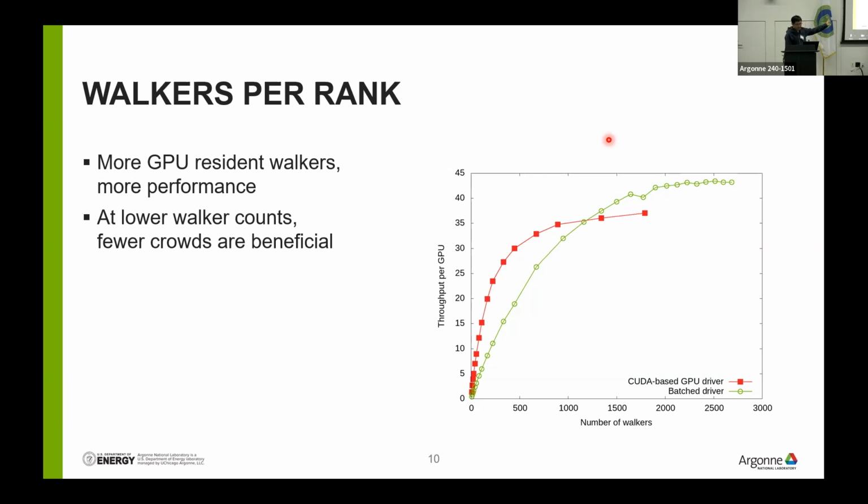And second, look at those two curves. The red curve has only one crowd. The green line has 7 crowds, with the same total workers. So one crowd, yes, in the beginning runs faster than the 7 crowds.